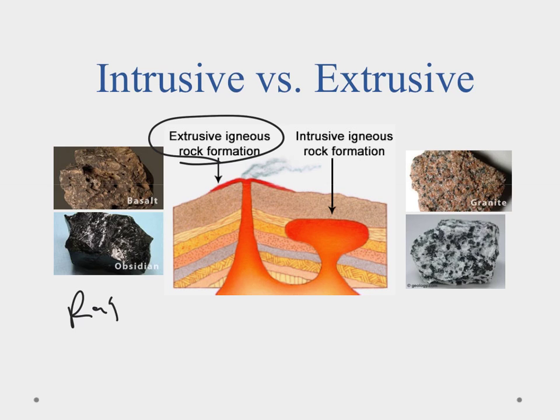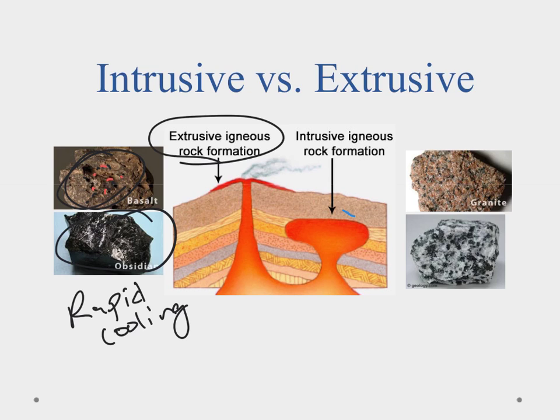Rapid cooling means that there's not enough time for large crystals to form. So that's how we end up with our obsidian here that has no real crystals, or your basalt, which is going to have these tiny little microscopic crystals. There are tiny crystals in there, but it's because it cooled off so much faster, and that's what gives us our smaller crystal textures.